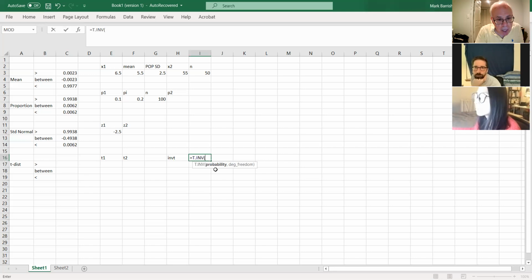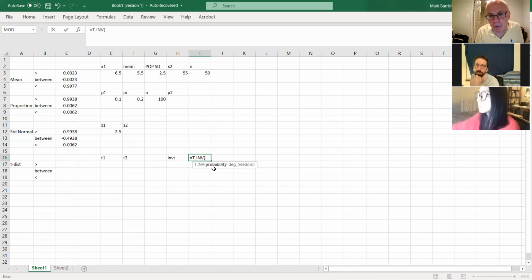Now, it's asking for a probability. That would be the probability to the left. But if you want to make it easy, if you know what the right tail is, just say 1 minus the area to the right. That would be your left tail. So for a 95% confidence interval, the right tail is 0.025, just type in 1 minus 0.025.